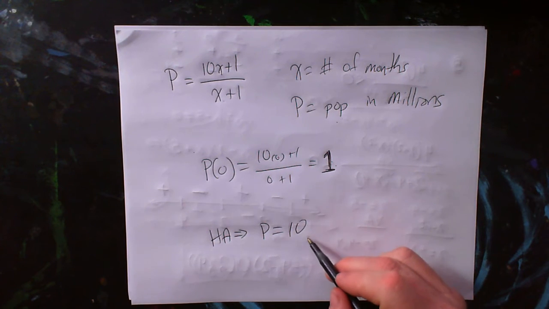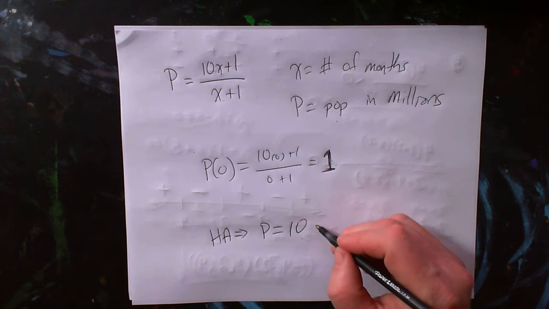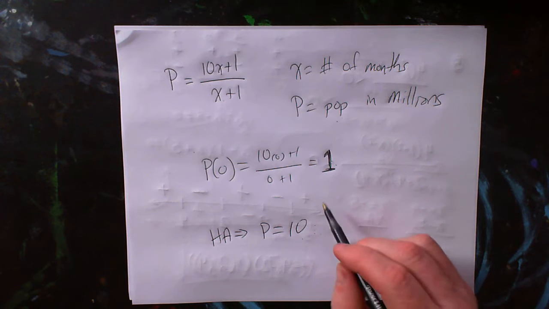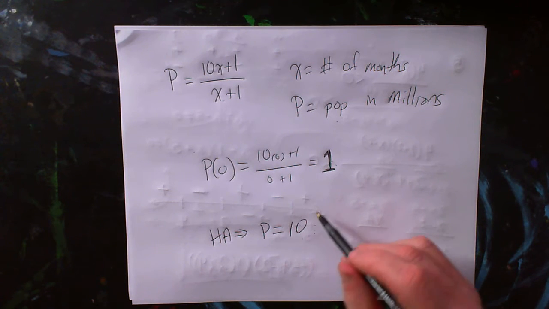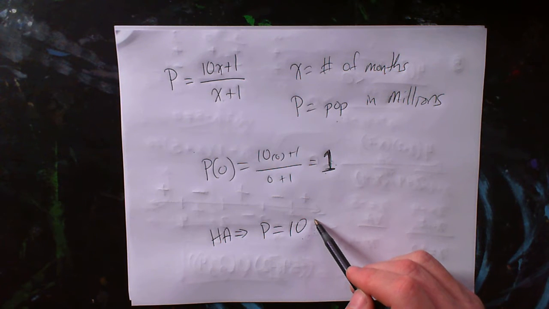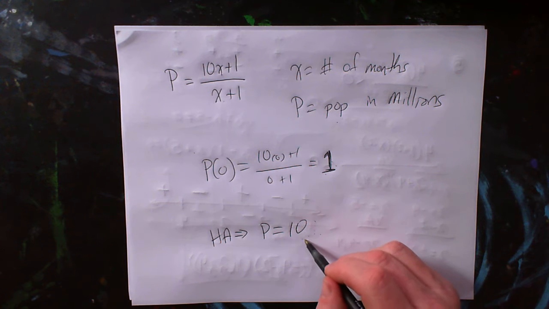And that means that as we go off to infinity, as time goes on, we will have 10 million termites, but no more than 10 million termites. So our initial population was 1 million, and the asymptote tells us that in the long run, we will end up with 10 million termites in the building.